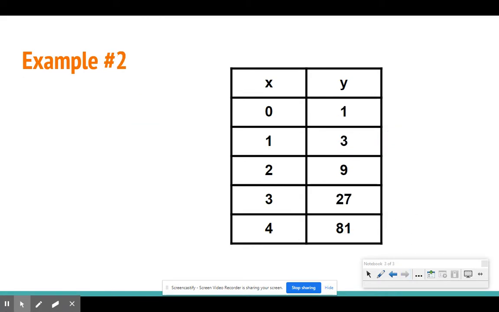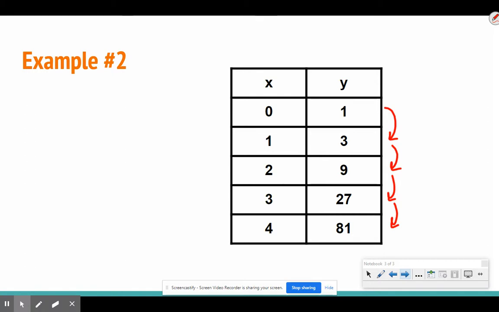Example number 2. Again, pause the video, write down the table quickly. Notice I'm going from 1 to 3, then 3 to 9, 9 to 27, and 27 to 81.